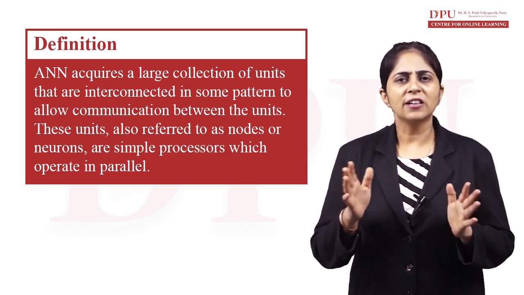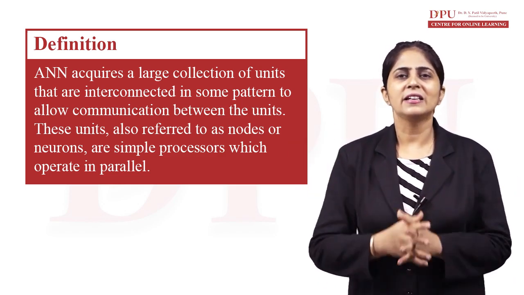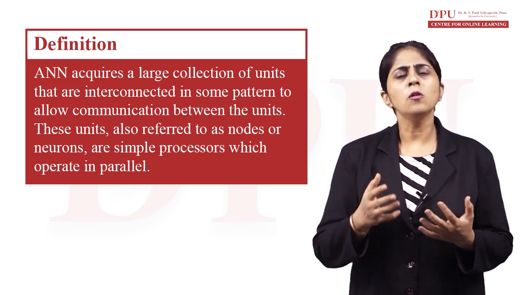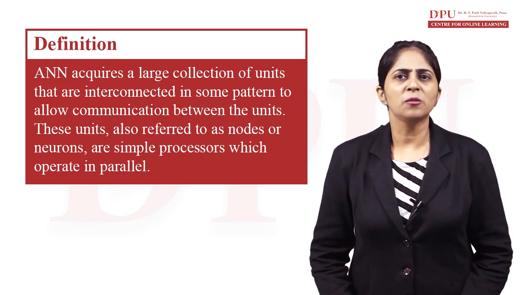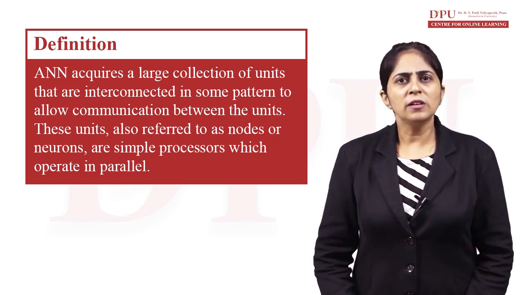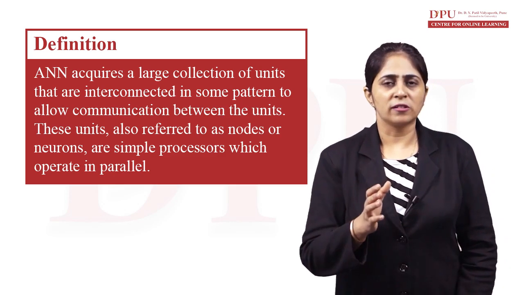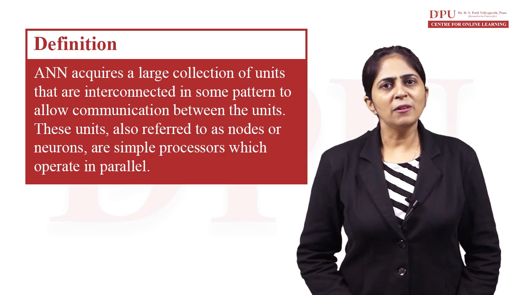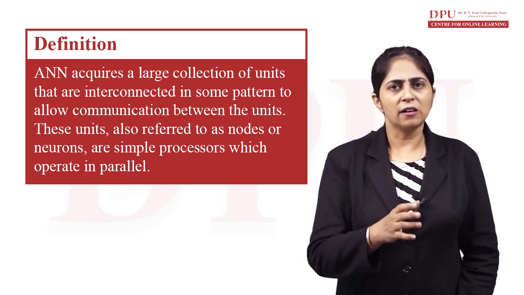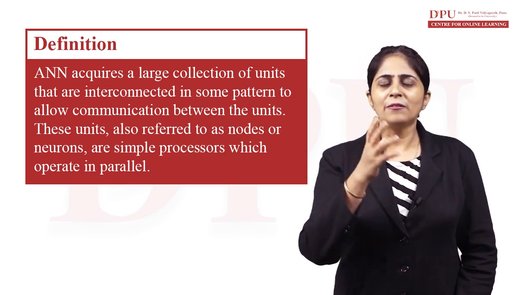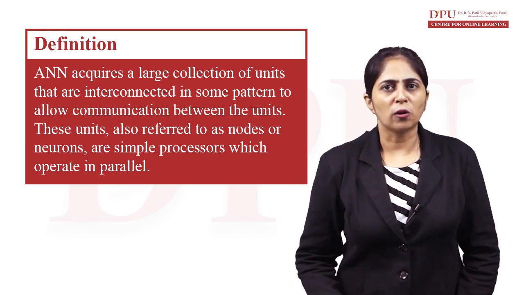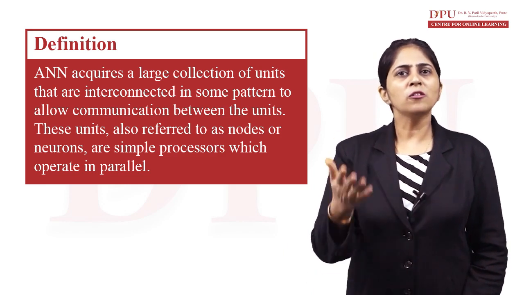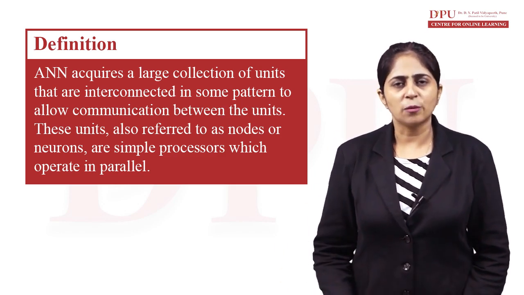These units are referred to as nodes. In our brain we call them neurons; in a very similar way we call them nodes here. Node is a term that we can liken to our neurons. These are the small processors upon which all the operations take place.